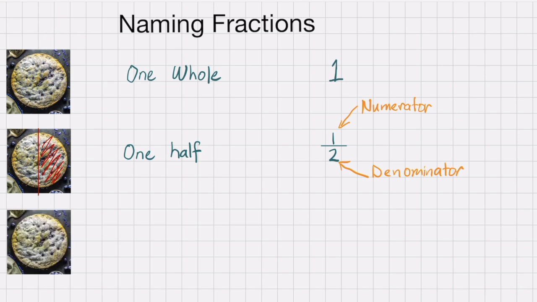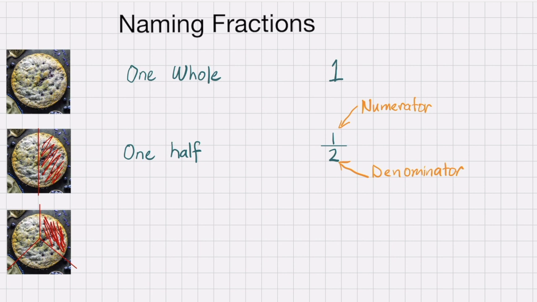Let's have a look at another one. Okay, so this one, I'm going to cut into 3 equal pieces. So it's going to look like this. So I've got 3 equal pieces. Once again, I'm going to colour just one of them. So I'm going to colour in this piece here.